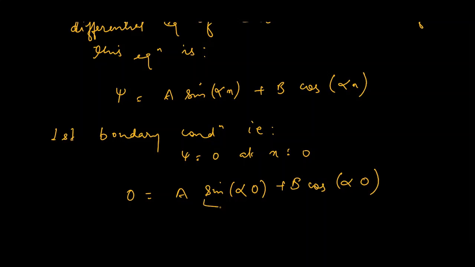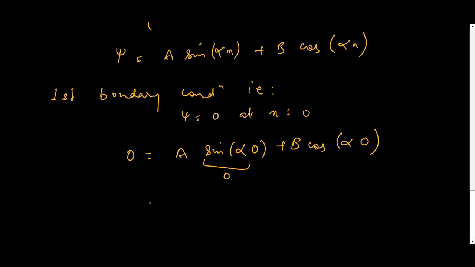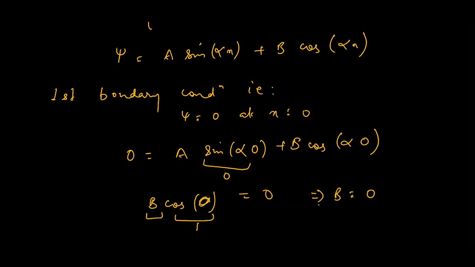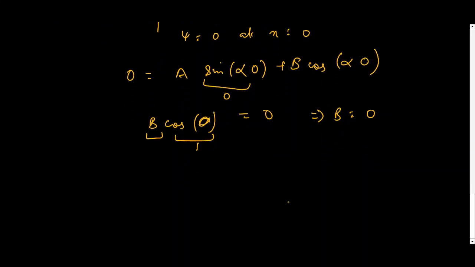Now the sine term is 0, right? So we can write B cos 0 is equal to 0. Now cos 0 is 1, so B must be 0. This implies that B is equal to 0, right? So our equation reduces to psi is equal to A sin alpha x.